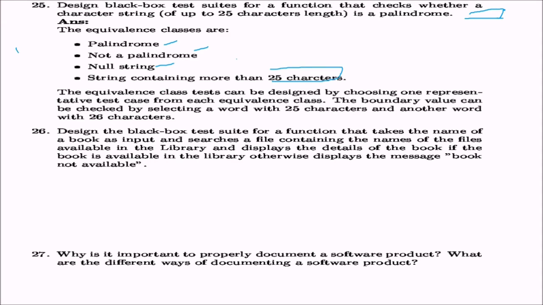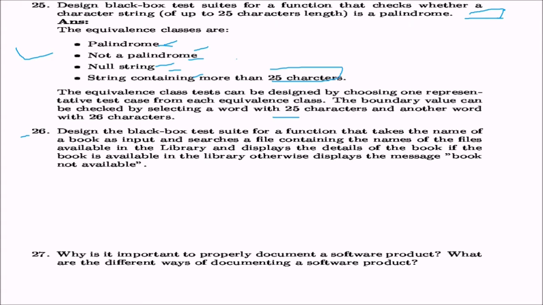These equivalence class tests can be designed by choosing one representative test case for each of these equivalence classes. Then the boundary value can be checked by selecting a word with 25 characters and another with 26 characters on the boundary.